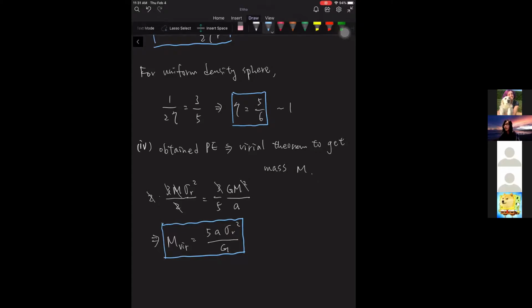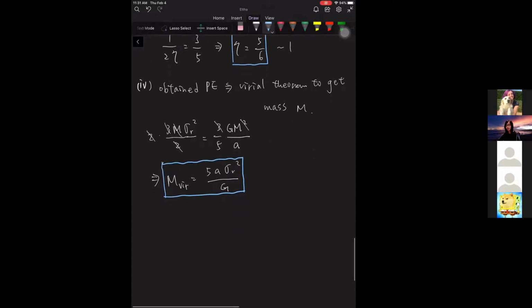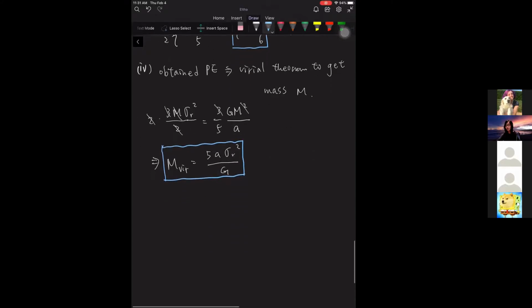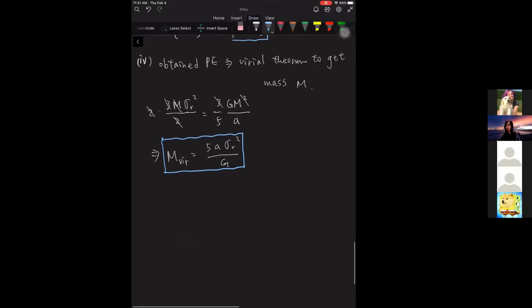All right, if there's no questions, I will give you some hints on the homework. The process I was doing is related to problem 1 of your homework, but the only difference is that in problem 1, we should consider a Plummer sphere, right?